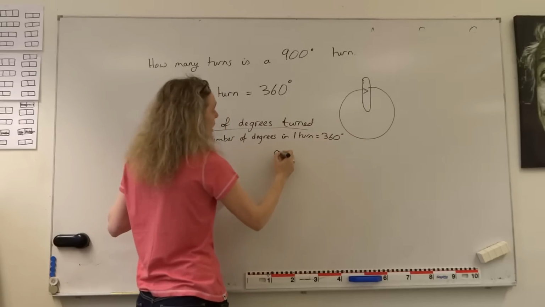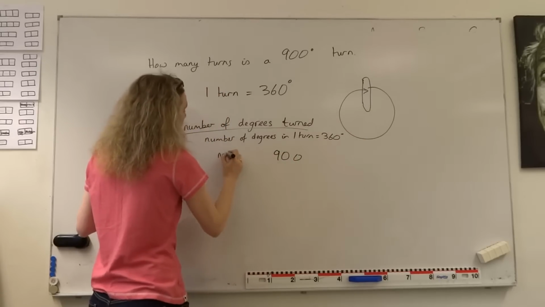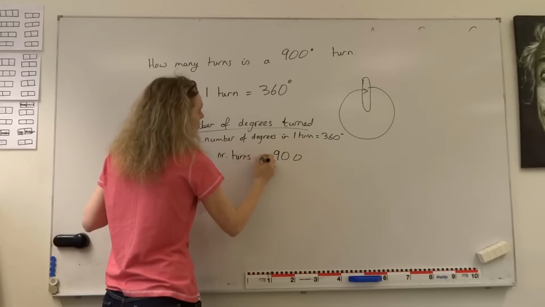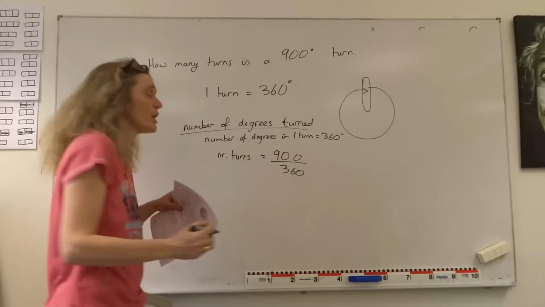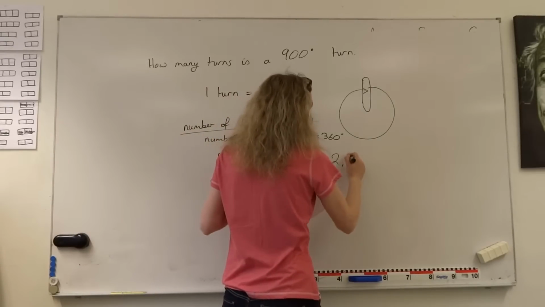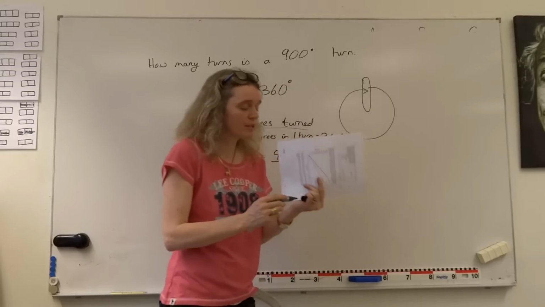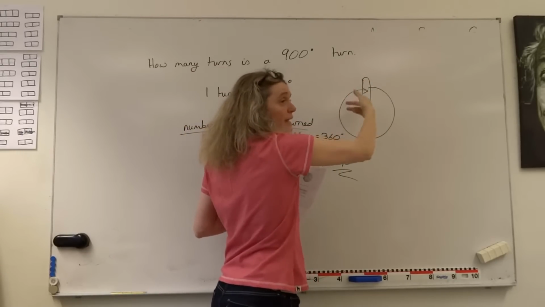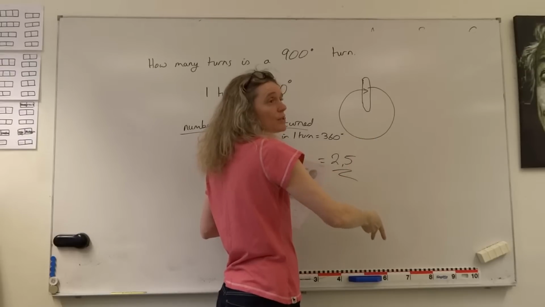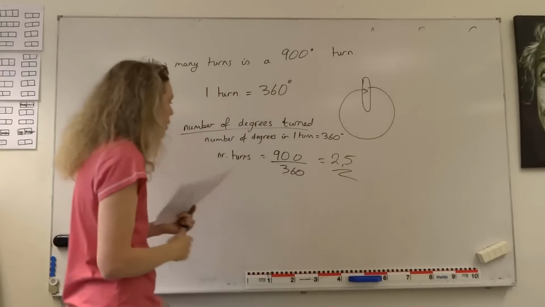So we take our 900 degrees, so number of turns equals 900 degrees divided by 360, which, hey presto, turns out to be exactly 2.5 turns. So this snowboarder goes around once, flips twice, and then ends up going backwards. Okay? So 2.5 turns.